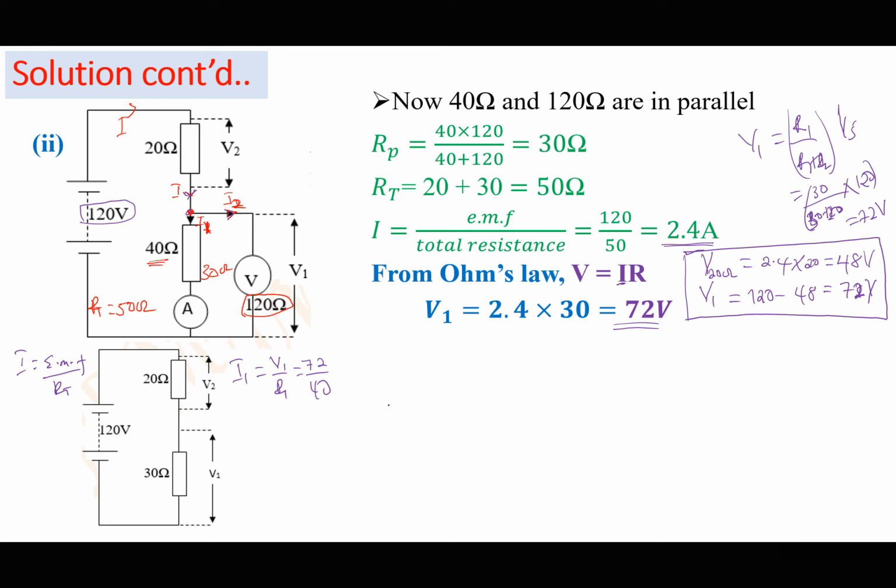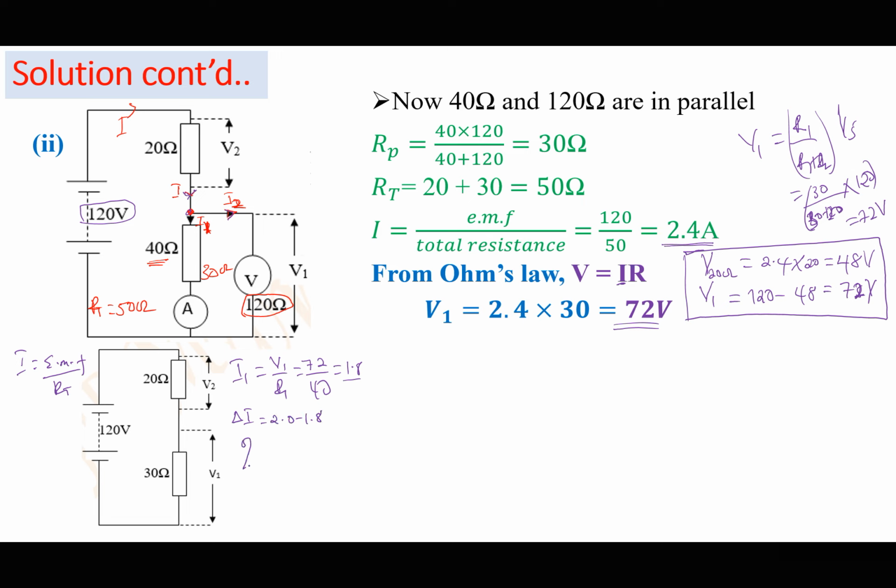Then I can find the percentage change. In part 1 we got a current of 2 amperes. And in part 3, the reading of the ammeter is 1.8, so the change is going to be 2.0 minus 1.8.